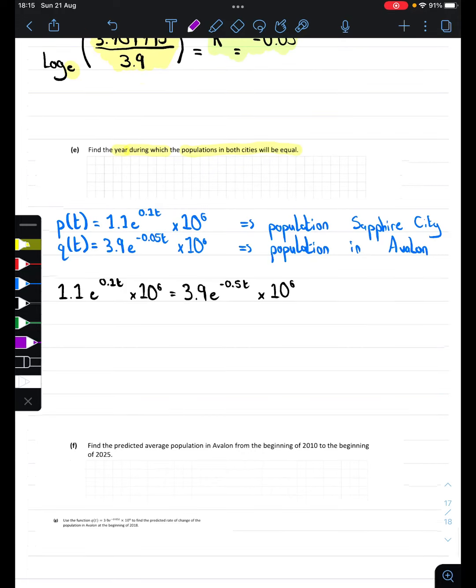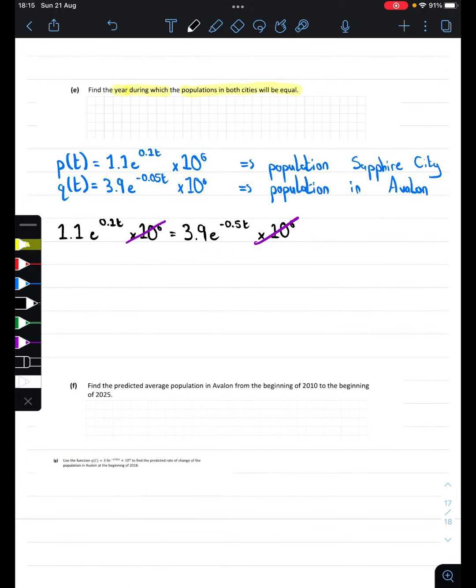Straight away the 10 to the power of 6 will go. So we get 1.1 e to the 0.1 t equals 3.9 e to the minus 0.05 t.